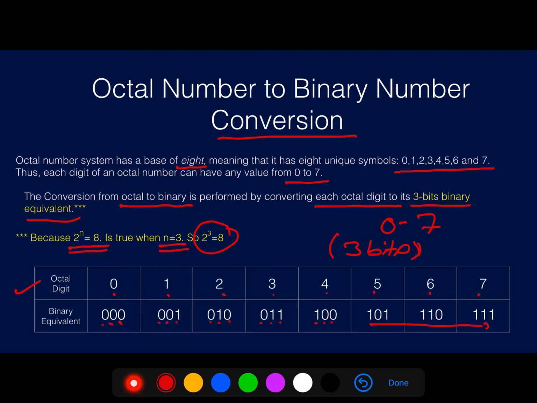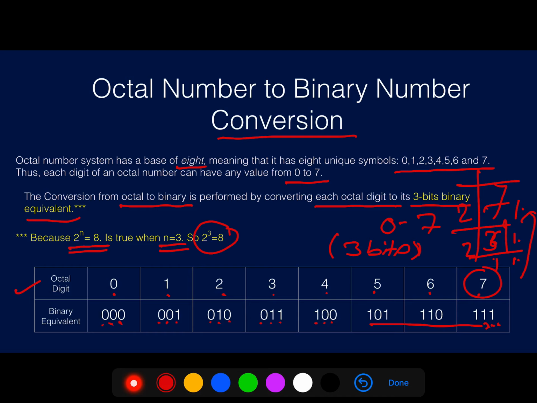If you don't remember exactly, you can always convert by simply converting the digit to binary. Let's take the example of 7 and convert 7 to its binary equivalent. You take 4, then 2 with a remainder, then 1, so this is actually 111.